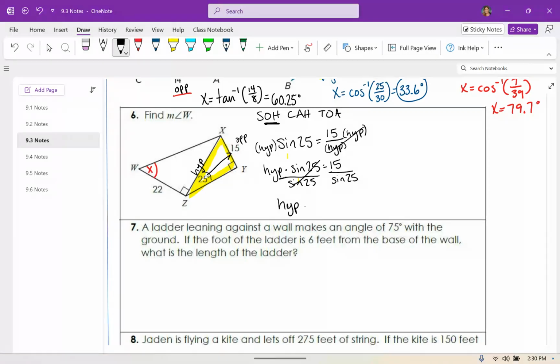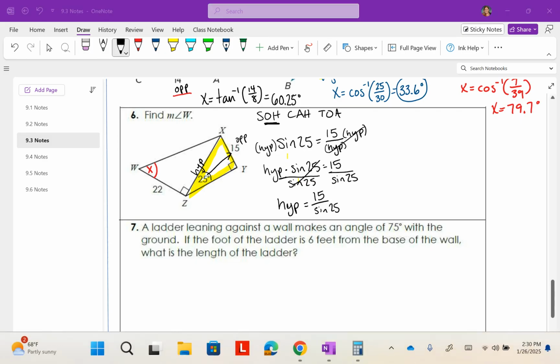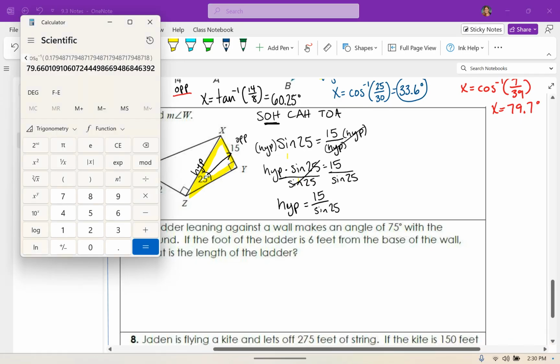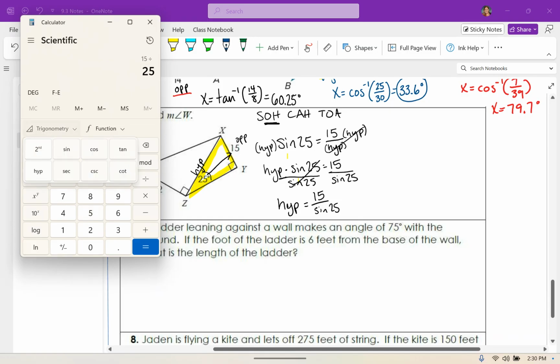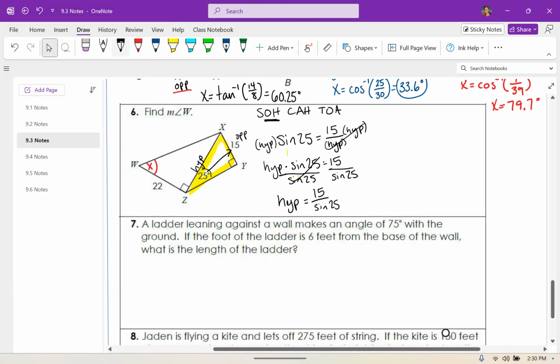So the hypotenuse equals 15 divided by the sine of 25. So sine of 25 is about 35.493.